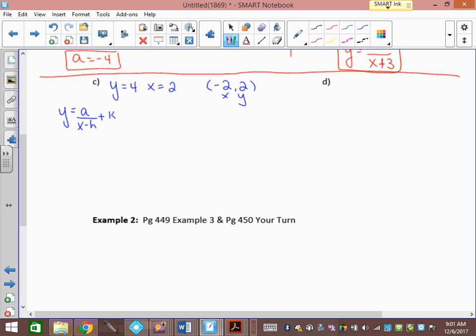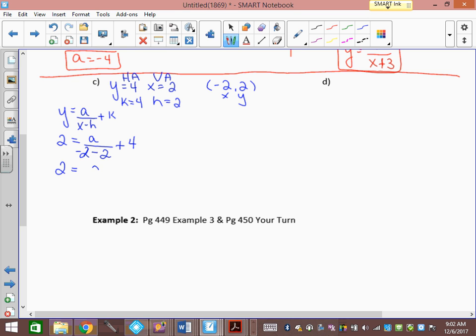So we get 2 equals a over -2 minus 2 plus 4. Now, if you want, I would instantly go here and I would go h equals 2, k equals 4. Because if you don't, I always just accidentally put that in for x. Because I have x equals, why wouldn't I do it? And it's not right, it's not x, it's h. So this is my vertical asymptote and horizontal. So to stop yourself from doing that, that's what I would do.